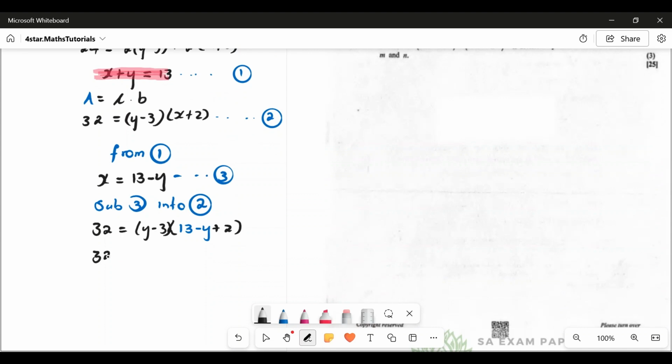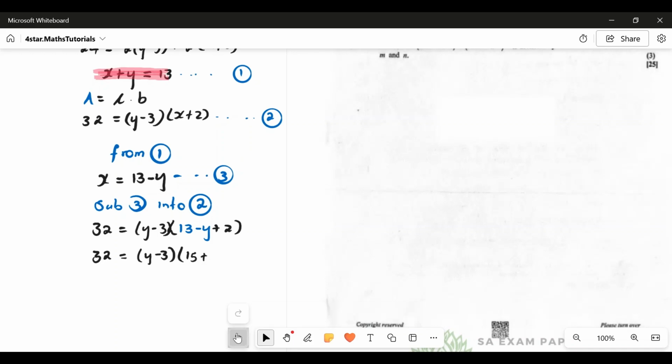Here we're going to get 32 equals y minus 3 on this side, then on this side 13 plus 2, which is 15, then 15 minus y. Then we need to expand.